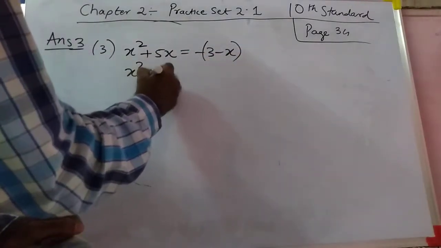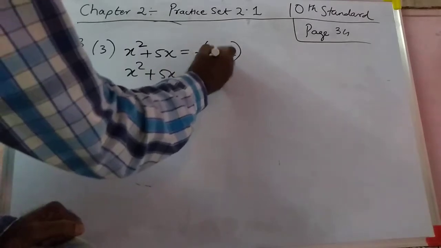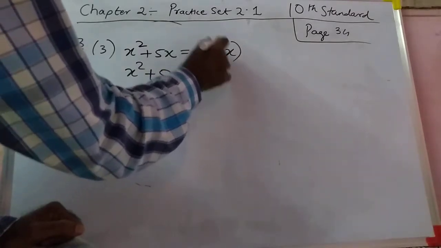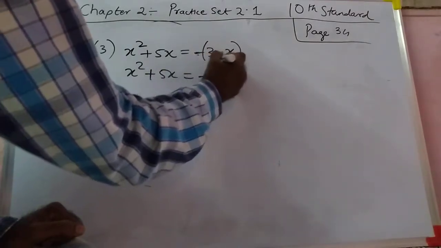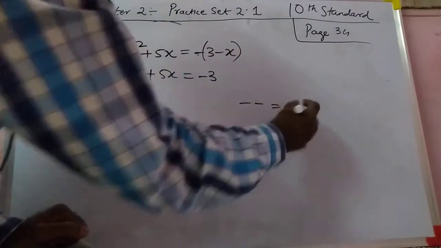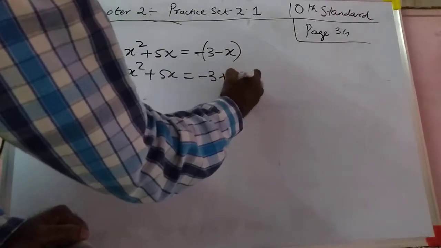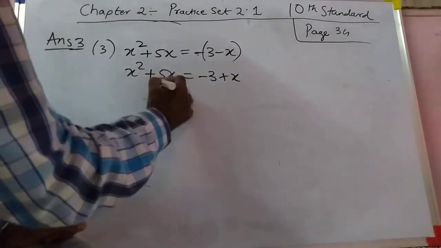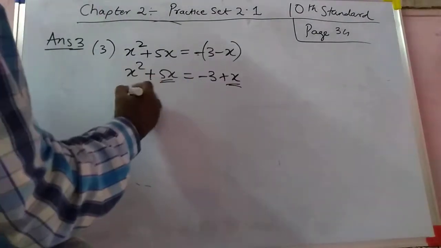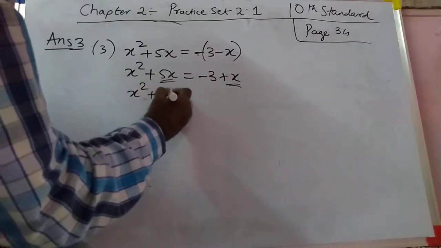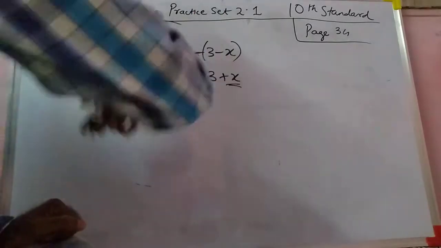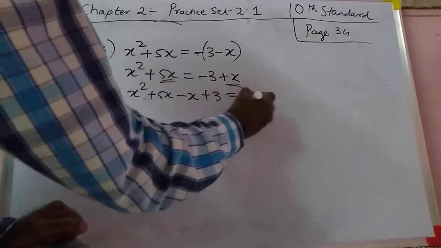We will simplify that. Minus is given, means minus into minus 3, minus plus, minus into minus equal to plus. So that will become plus x. Now this is x, this is x. Group. So x square plus 5x minus x. Take this minus 3 this side, plus 3 is equal to 0.